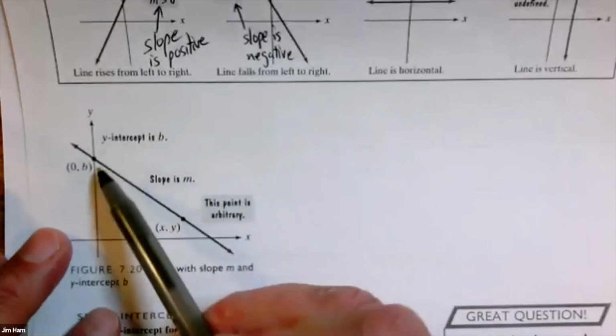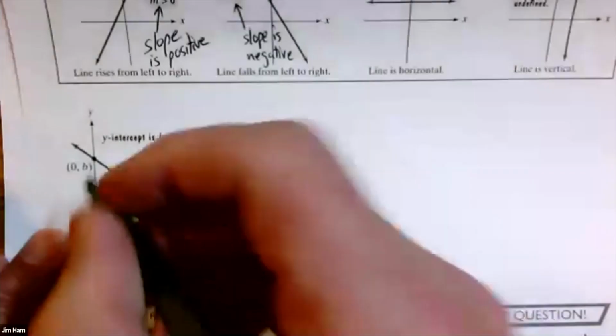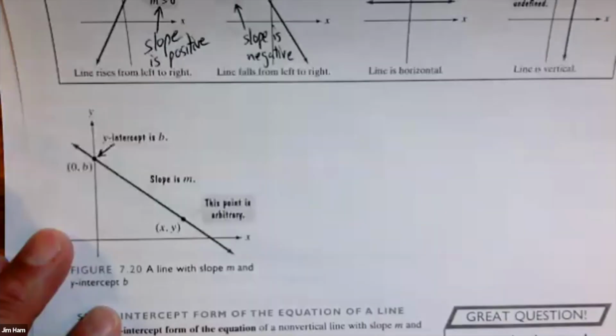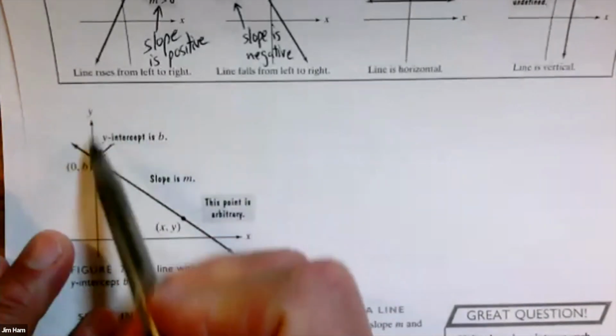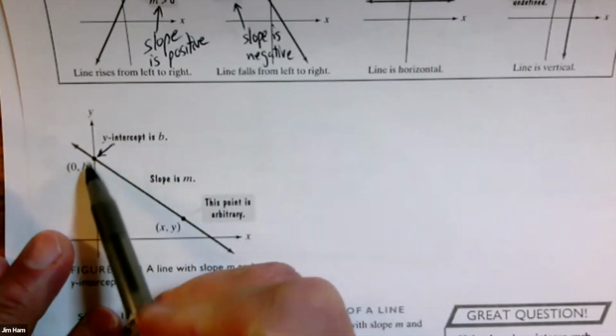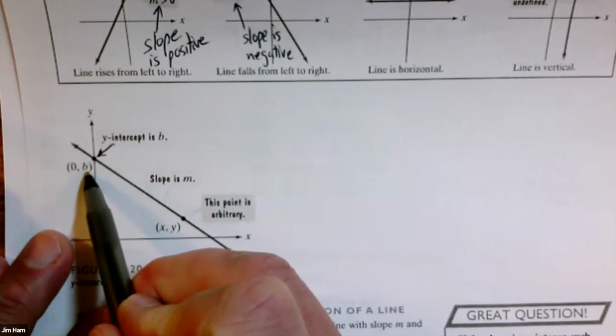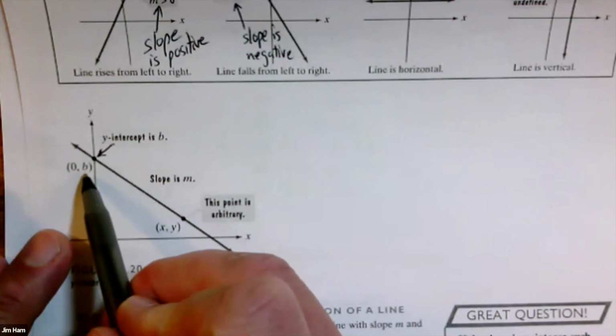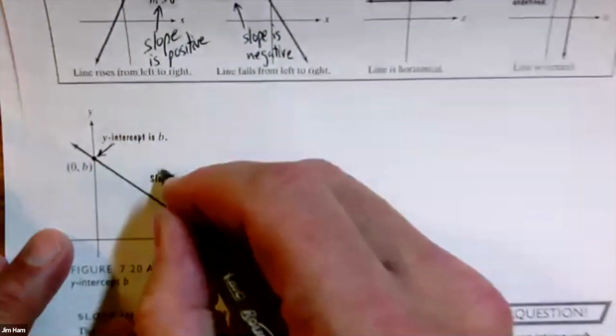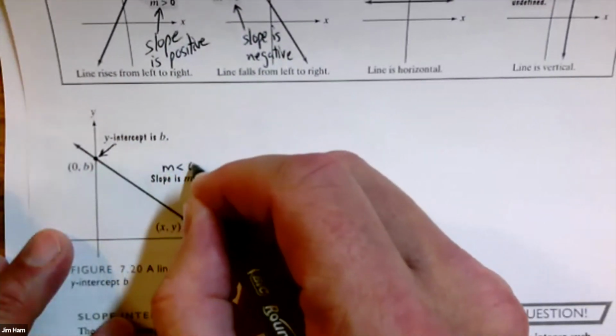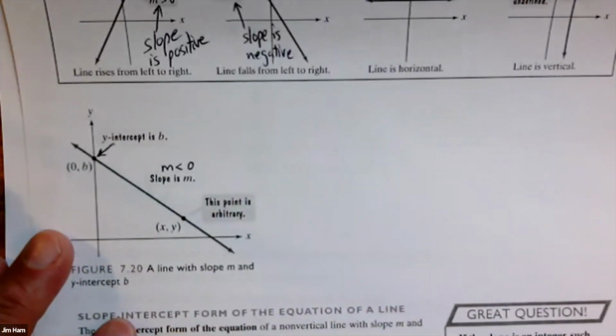So on this graph, they point to this point on the y-axis. That's called the y-intercept. Its y value of that point is what we're going to call b. And b actually appears in the equation of the line. The slope is m, describes the steepness. In this case, we would know m is less than 0, negative, because the line is decreasing from left to right. And this xy is just some arbitrary point on the line.